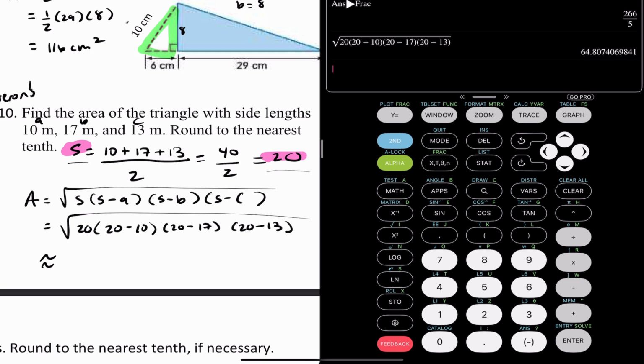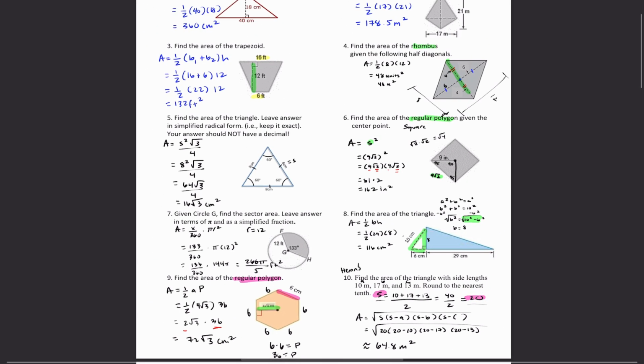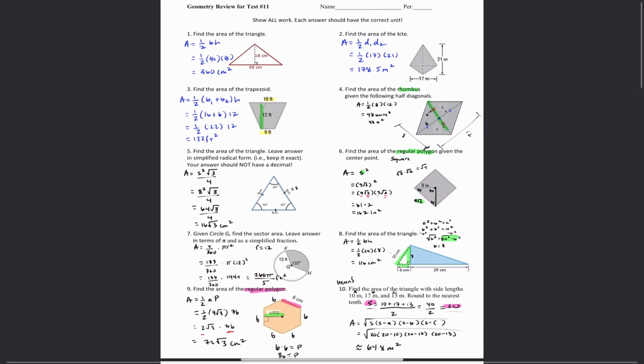I'm looking at that 0. It's not going to change that 8 whatsoever, so we're going to have 64.8 square meters, right? We need a square unit because we're still finding the area. So that is our first page of the Unit 11 test review.